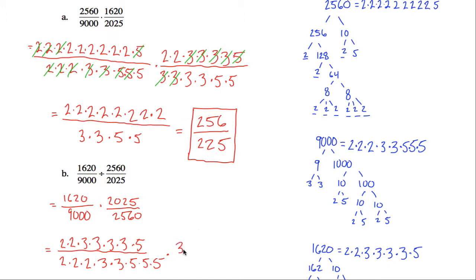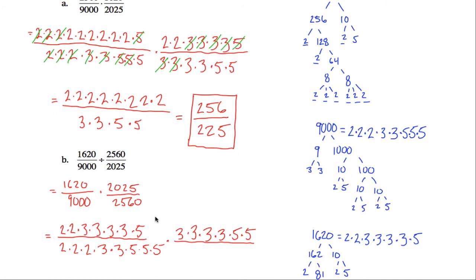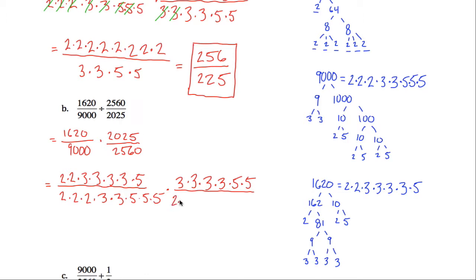So that's 3, 3, 3, 3, 5, 5. Divided by 2560, which is what I had on the top up here. That's the one with all the 2's: 1, 2, 3, 4, 5, 6, 7, 8, 9 of those 2's and a 5.